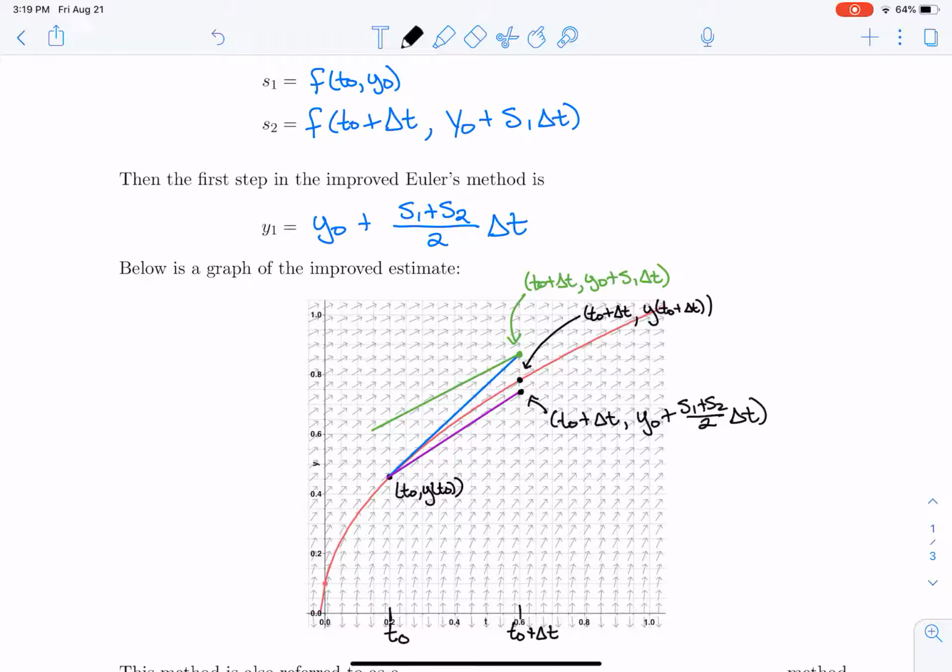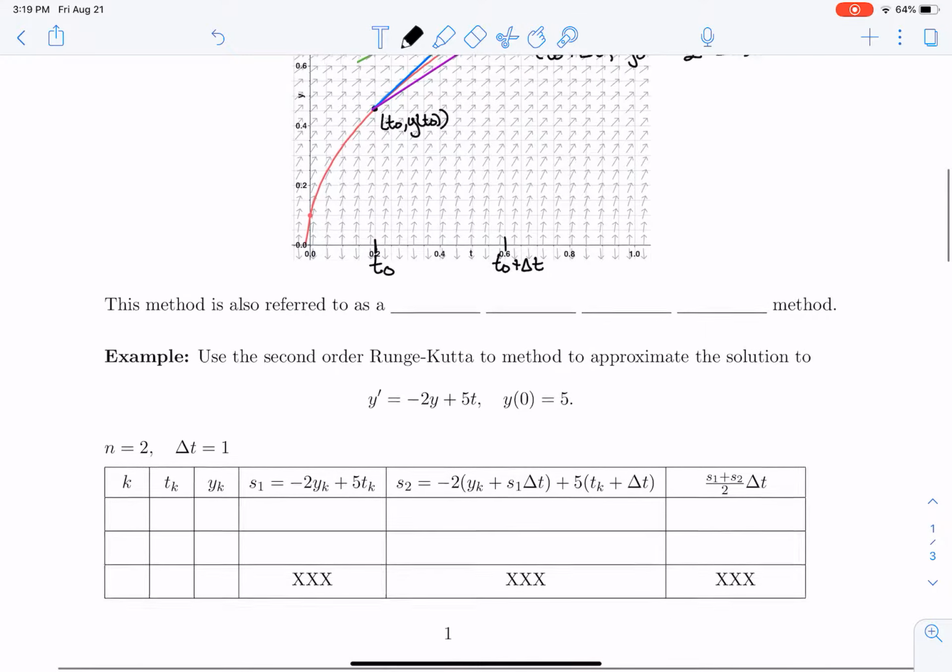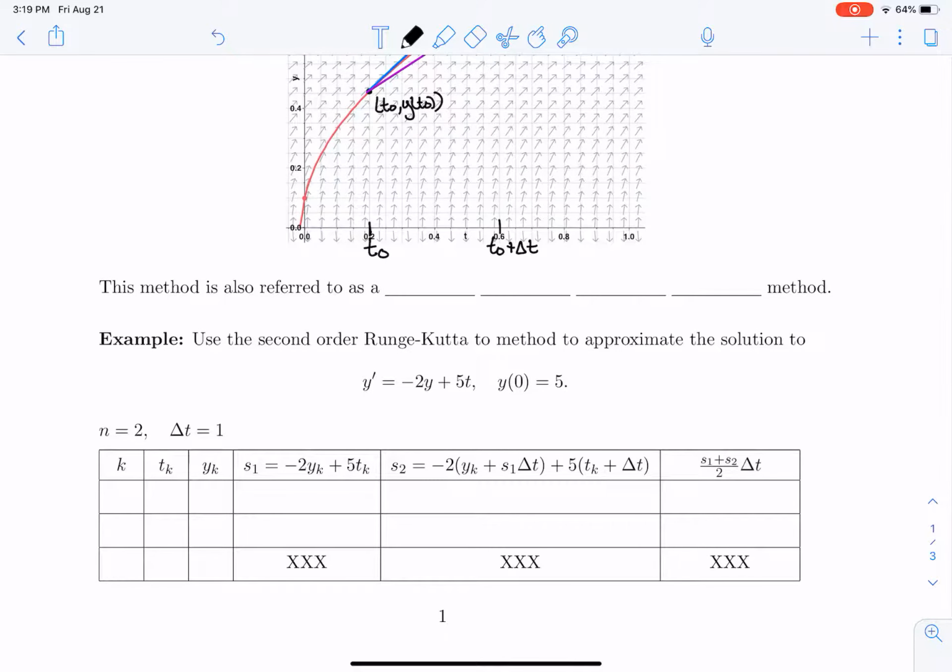And this is called an improved Euler's method. It also has the name that it is a second order Runge Kutta method.